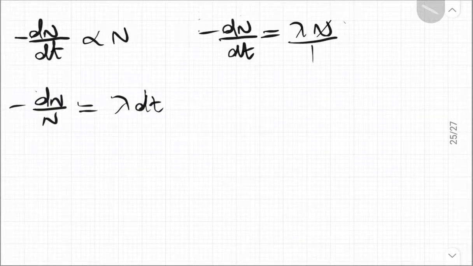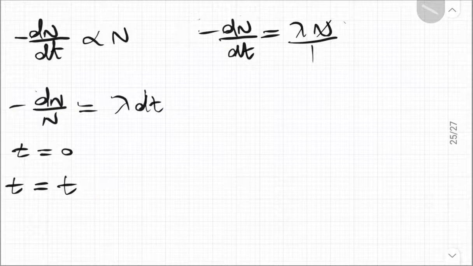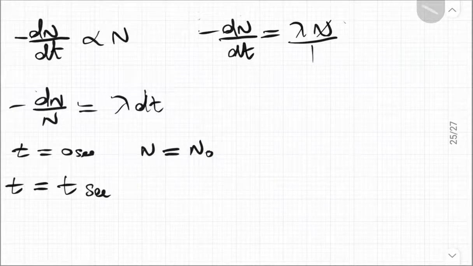Now, since we have a differential equation, we want to integrate this. So we need to integrate this from time t equal to 0 to time t equal to t seconds. And we know that at time t equal to 0 seconds, we have n to be the initial amount, the amount that you start out with. And at time t equal to t seconds, which is the amount of time that would have passed, that is going to be the amount that will remain at that time.